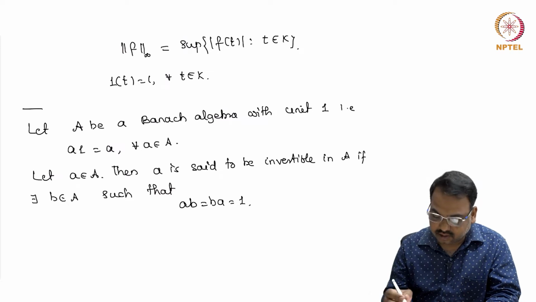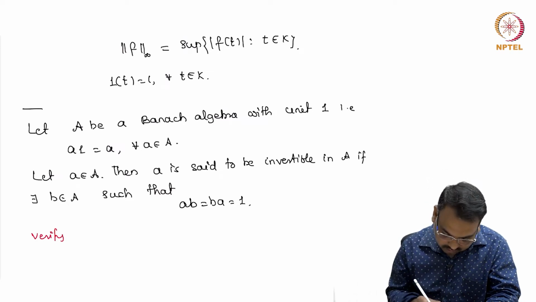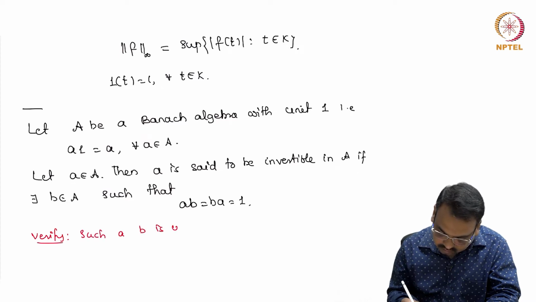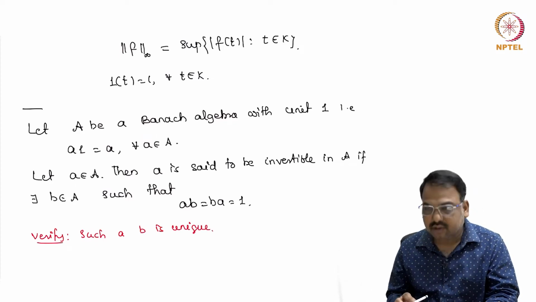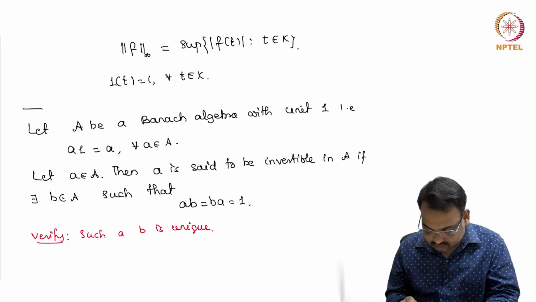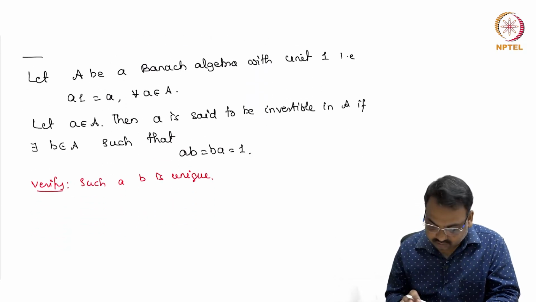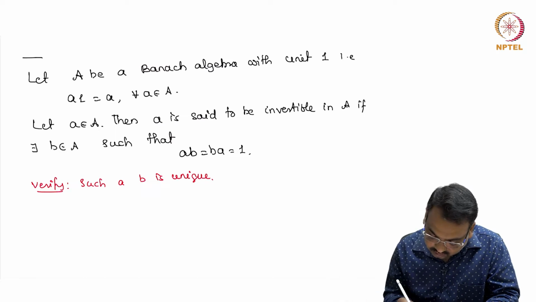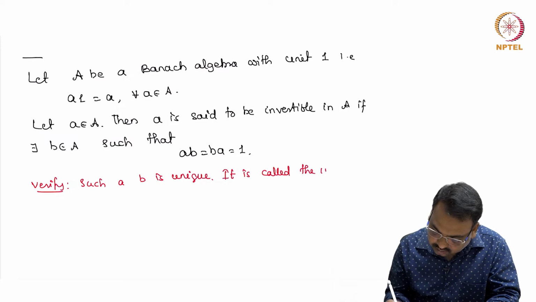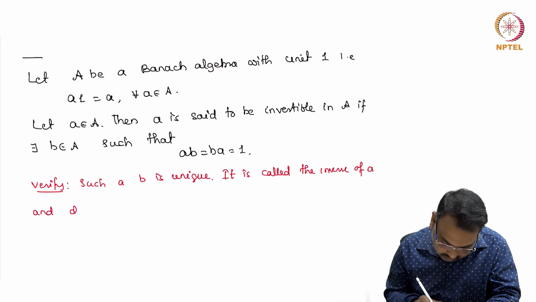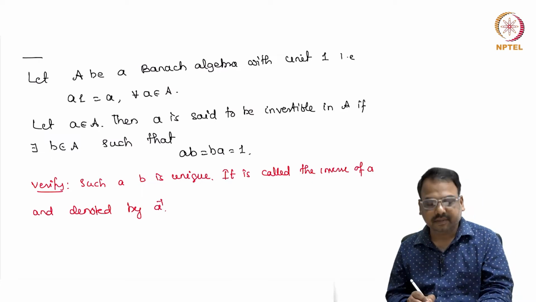In fact, you can easily check that such a B is unique. You can show that it is unique. It is called the inverse of A and denoted by A inverse.